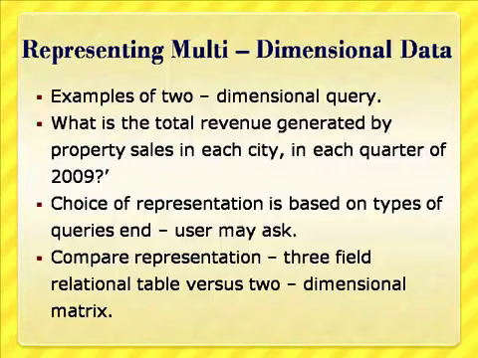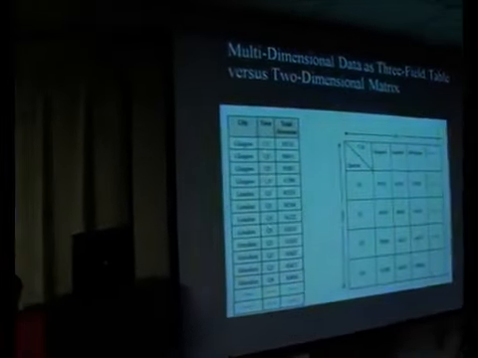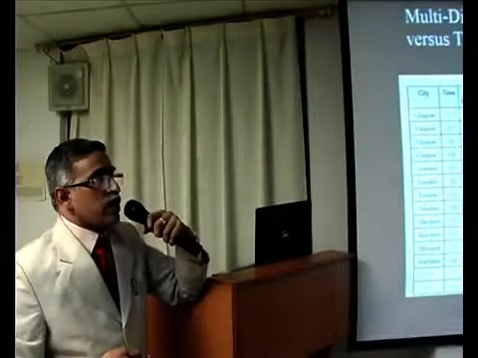So to store the data in a 3-field relational table requires 3 columns. But if I represent the same data in a matrix, we require only 2 columns. For example, here these are the city values, these are the times, and this is the total revenue. In this representation, there are 2 dimensions and 1 measure.